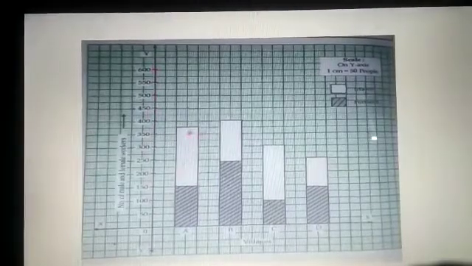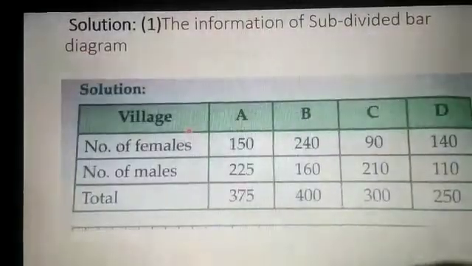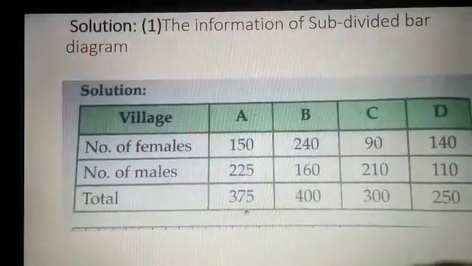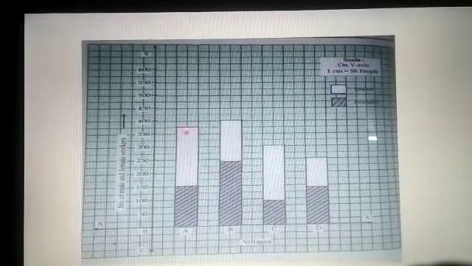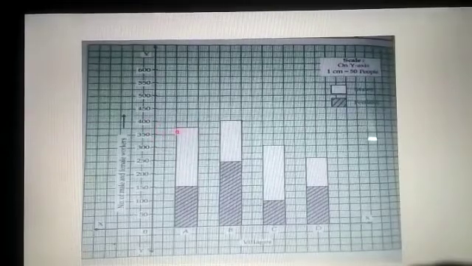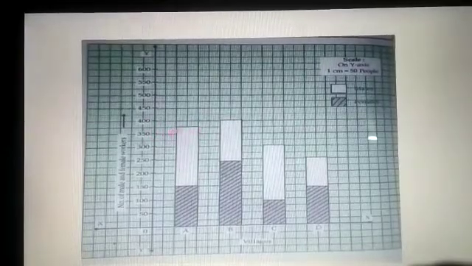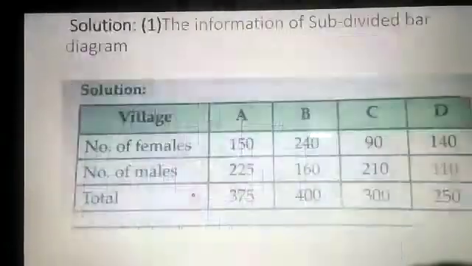Now the total of A village is, let's see, what is the total of A village? It is 375. So we will fill that information and draw the horizontal line up to 375. This is 350 and this is 400. So in between there is a marking of 375. So draw it. And now in this bar we have to fill the information of female.